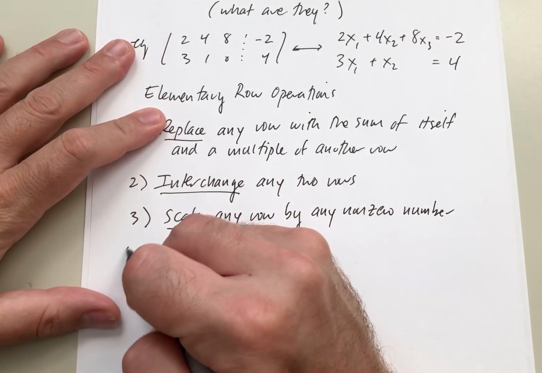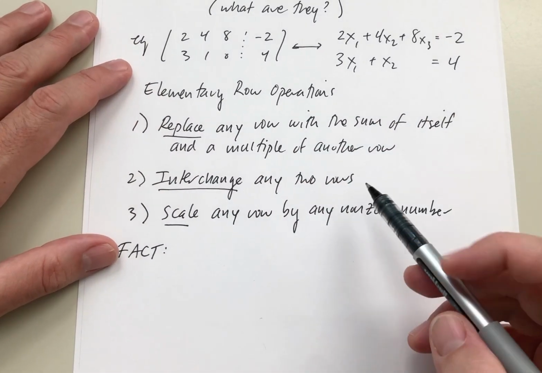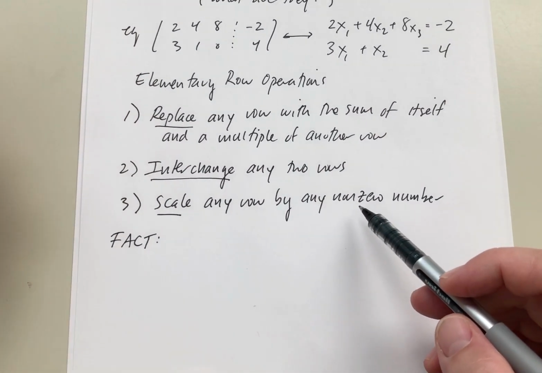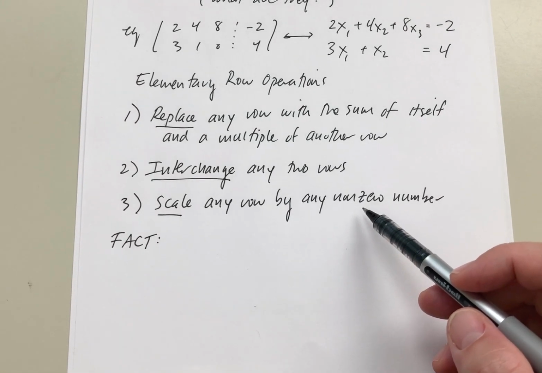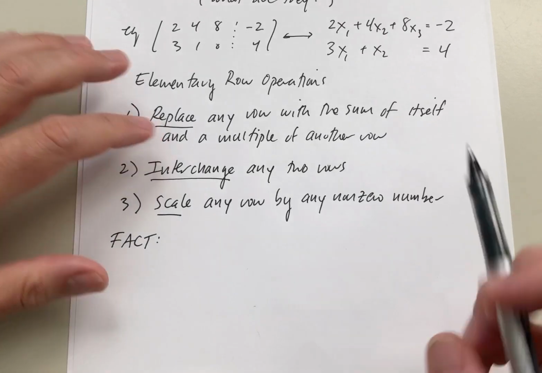Now the important fact for us is that these row operations, these changes to the system, give you a new system. The numbers will be different, but the underlying solution set won't change.